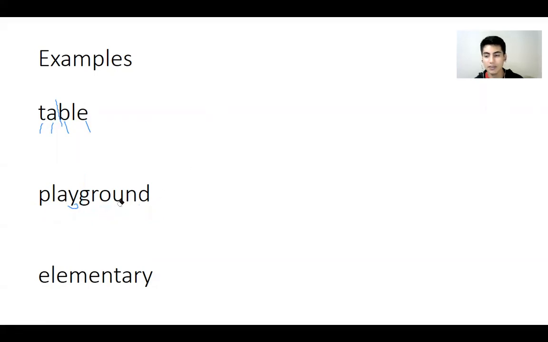However, elementary, that is something more interesting. We have a vowel, le, consonant, and vowel. Men, consonant, vowel, consonant, ta, consonant, vowel, re, consonant, and even though this is a consonant, remember it can be a vowel sound. So let's do it. We have a, le, men, ta, re, right?